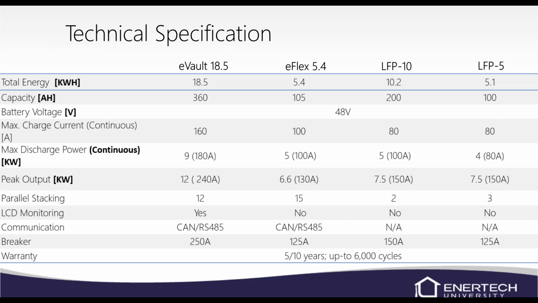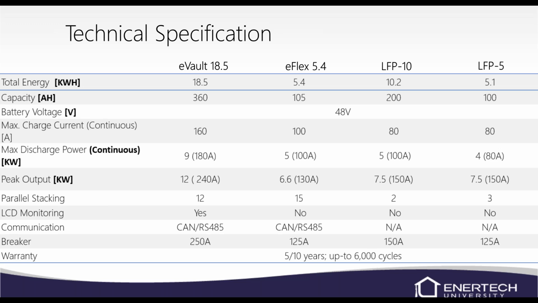But these are basically the technical specs and the capacities and the voltages and things. It'll let you know how many can be stacked in parallel, if it's got LCD monitoring, the communication and the type of communication, and breaker size. There's also a warranty of somewhere between 5 to 10 years and up to 6,000 cycles.